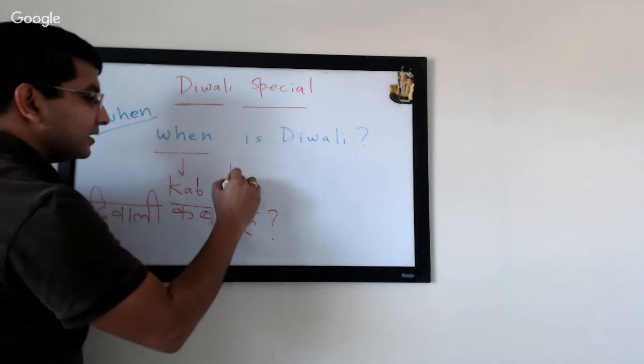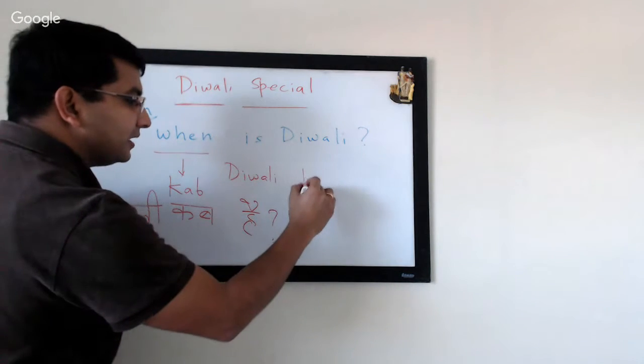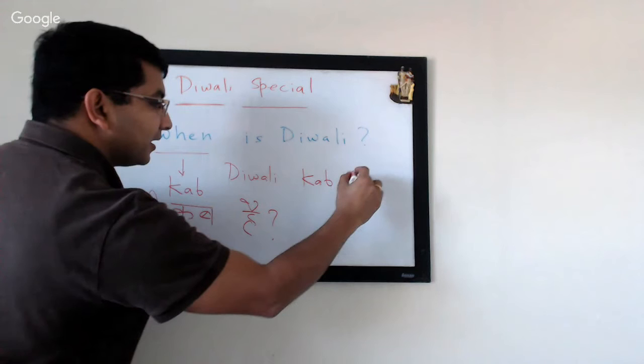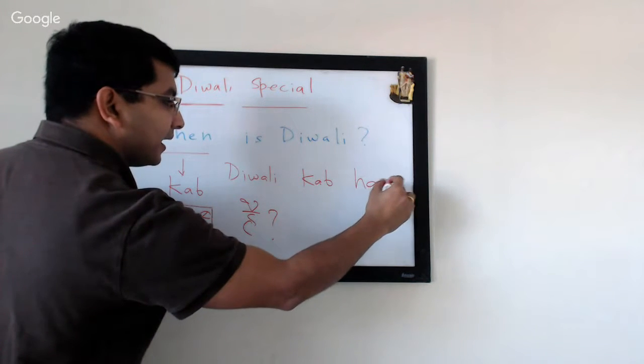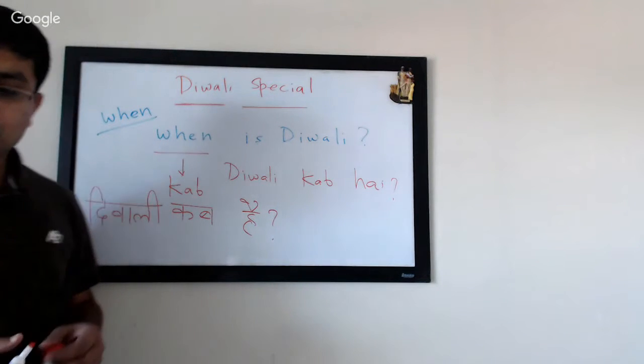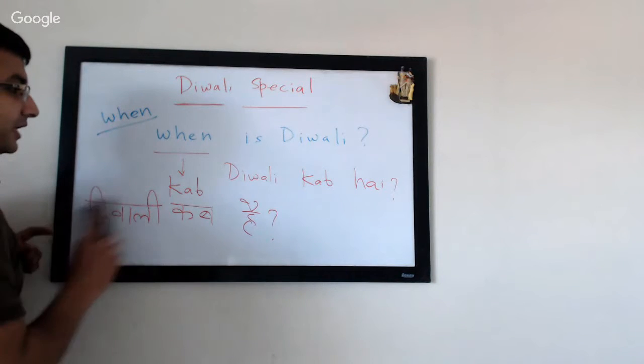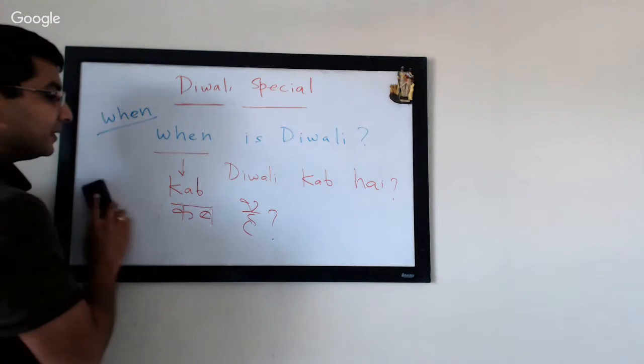Or if you want to write it in Roman, Diwali kab hai, right? Now let's talk about another way of saying the same sentence. That's the first way of saying it, Diwali kab hai.